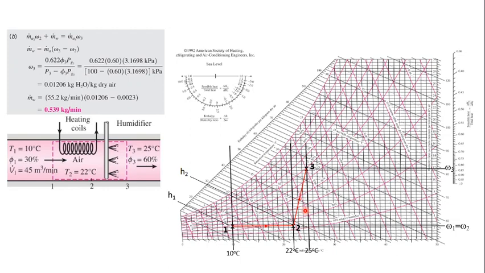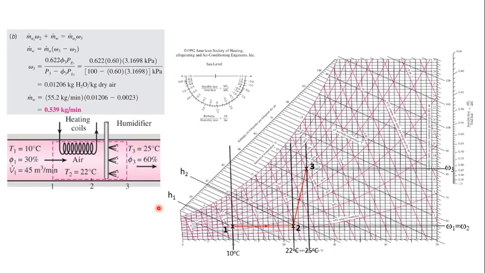Therefore, we get all the values of the enthalpy and the values of omega, then we put them into the formula in order to get the heat input to section 1 and also the mass flow rate of water vapor at state 3. Okay guys, it's easier to read the psychrometric chart to get all the values of omega and enthalpy, rather than to memorize the formula involved from the mathematical analysis.